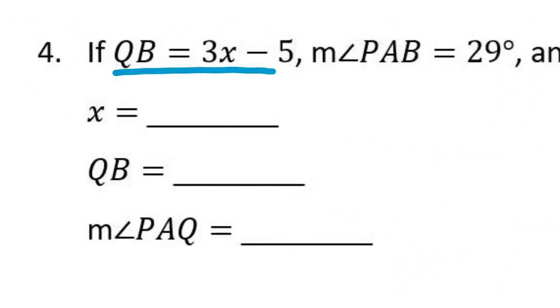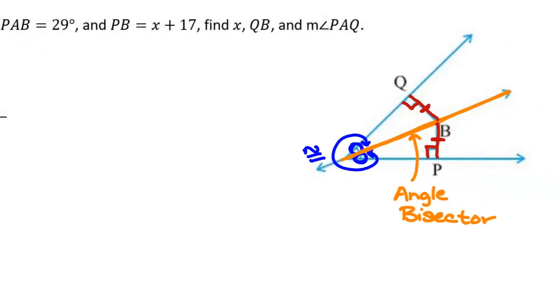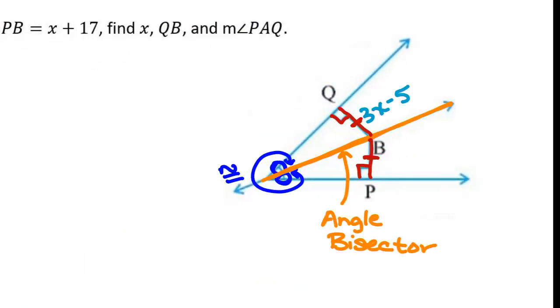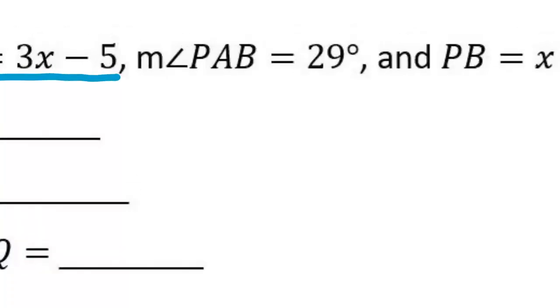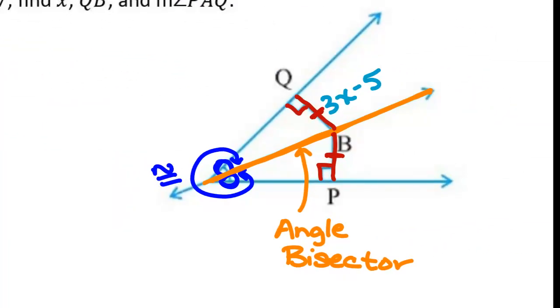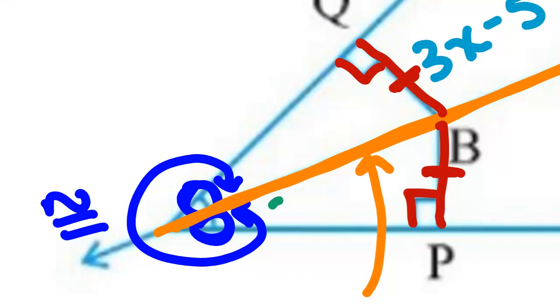It says that QB is 3x minus 5. It says that angle PAB is 29 degrees. PAB would be this right here. That is 29 degrees.